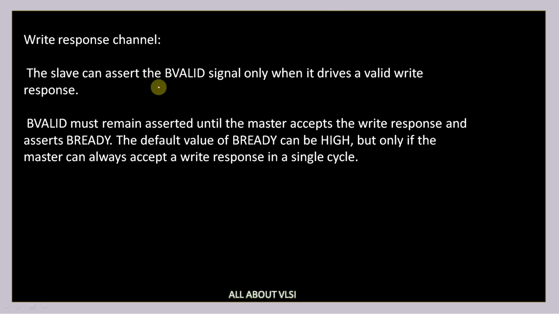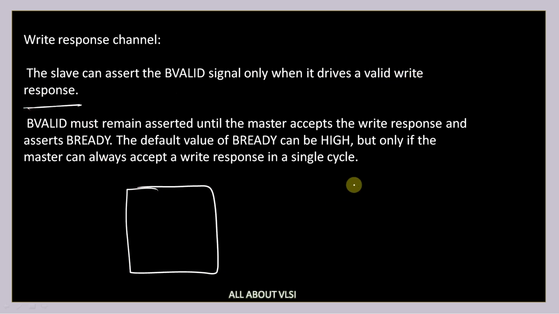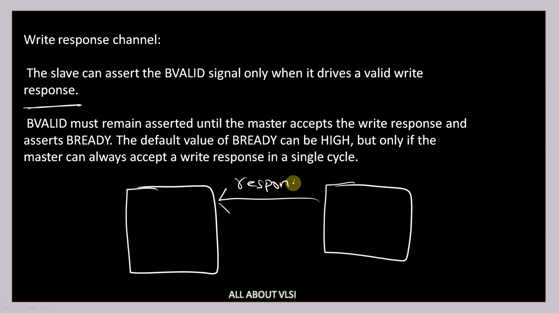The slave can assert the B valid signal only when it is going to drive a valid response. So if the slave is going to provide a response to our master using the response channel, it should also provide the B valid signal so that the master will come to know that whatever response it has received is a valid response.